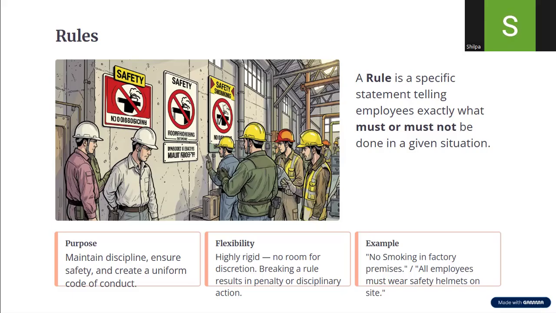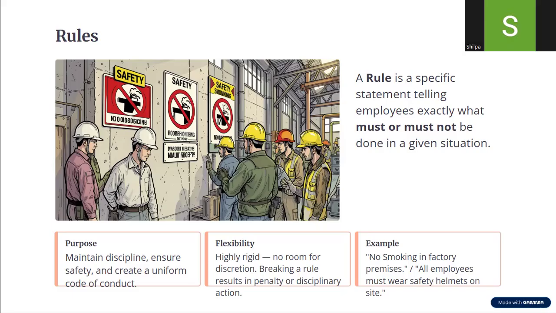You have to be in the classroom at least 15 minutes prior to your examination time. You are not supposed to indulge in any unfair practices. That means you should not carry any chit or paper, or copy from any other person's paper. These are the do's and don'ts you have to follow during your examination. So it brings uniformity, and it also helps to impart discipline among the students.